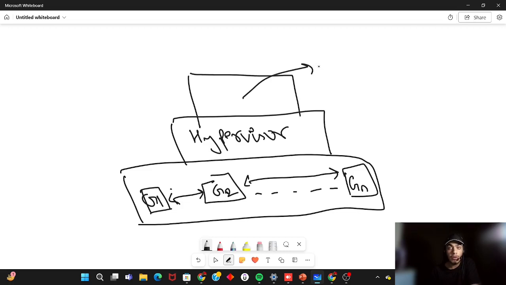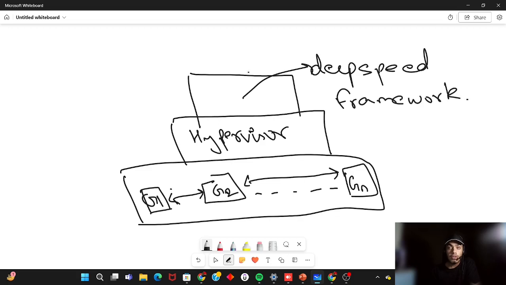Let's take the example of a very popular machine learning framework, which is known as the DeepSpeed framework. In a nutshell, what this machine learning framework does is it orchestrates the workflow of training your machine learning pipelines on these GPUs.